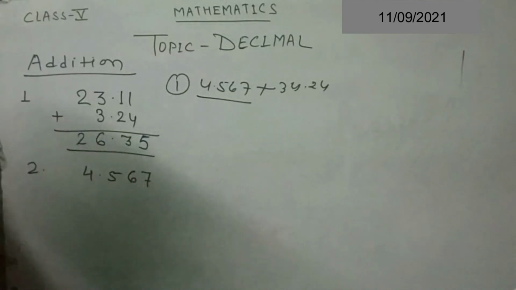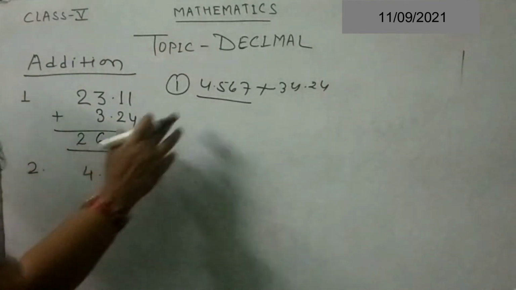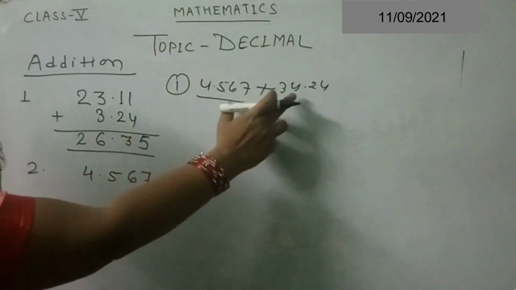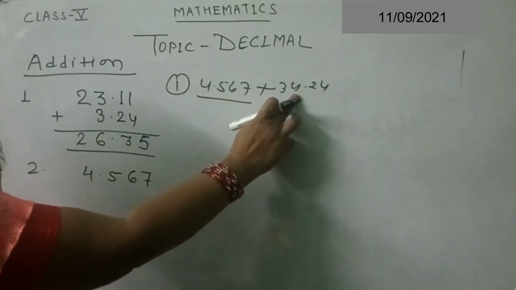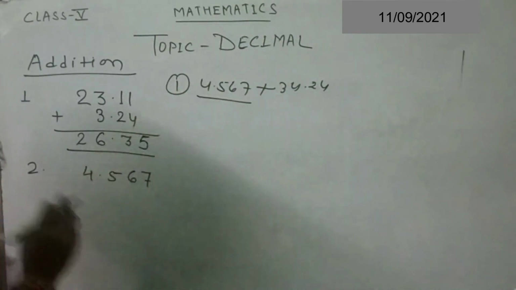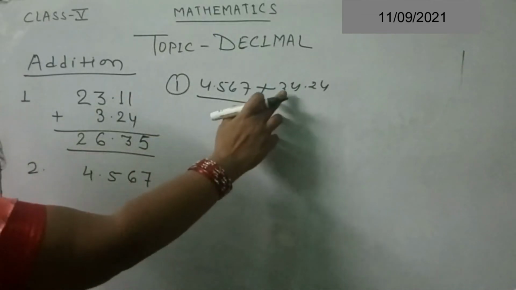That is written first, and the second number given here is 34.24. Students, see, here only ones is given, here ones and tens are given. So in place of ones you write the ones, and in place of tens you write the tens. Here no tens is there, so no need to write here.